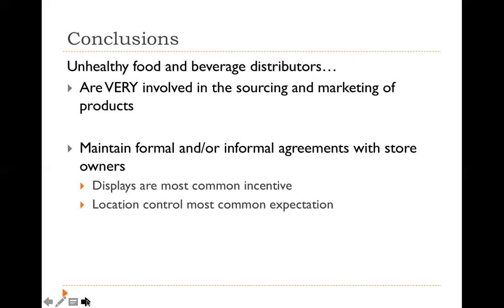They appreciate their services. I think they bring a real value to the retail environment. But we really have to realize that the distributors are a prominent factor in what gets put in the store and where it gets put. In terms of the agreements, they maintain these agreements with store owners or managers. Displays are really common incentives. Location control is a very common expectation. Next slide, please.